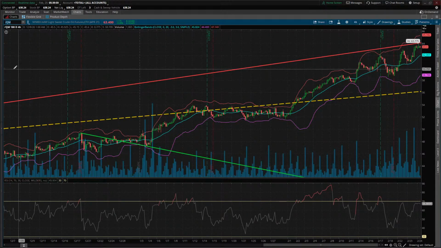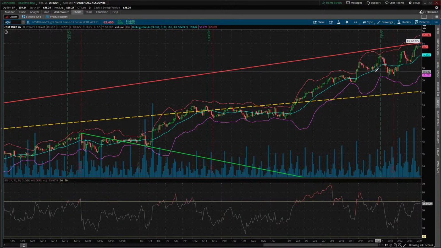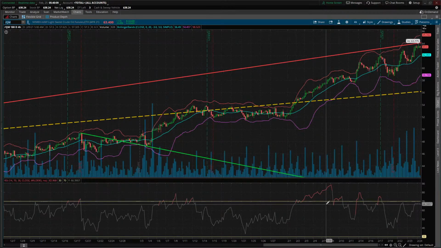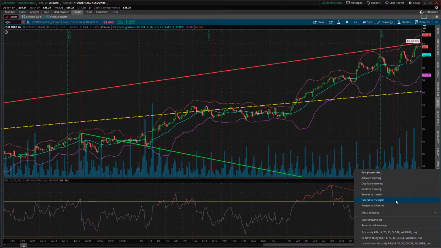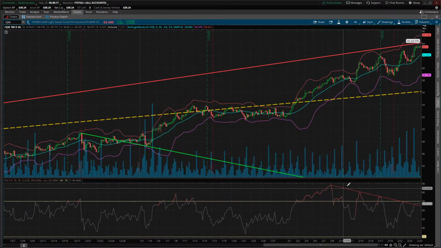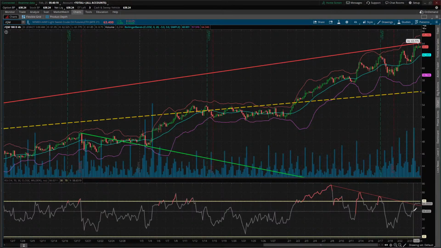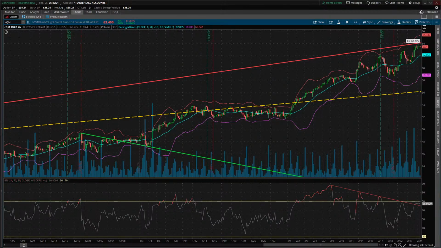Now, I'll warn on light sweet crude. We have a bearish divergence setting up here. We're putting in higher lows and higher highs. Good stuff. Can't argue it. Very bullish. The problem is here. We're putting in lower highs on RSI. Now, to be fair and to be accurate, we have broken out.